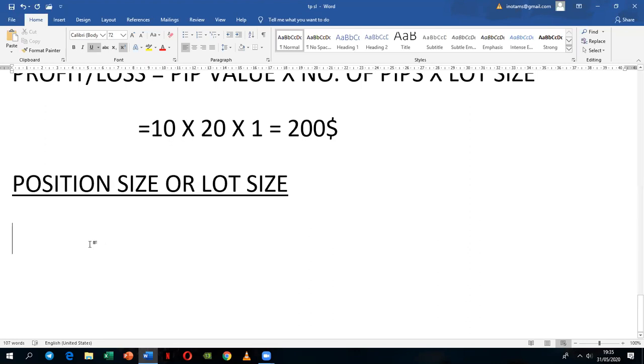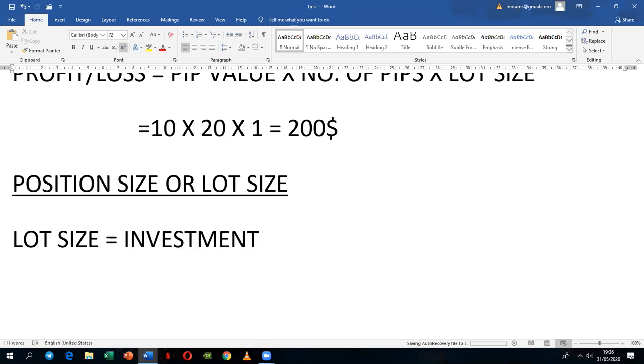So let's see. Again, there's a formula for that. Lot size: you're going to get your capital.